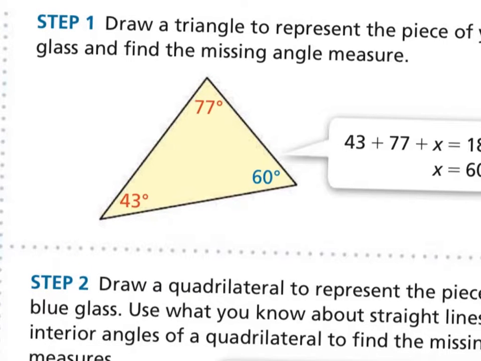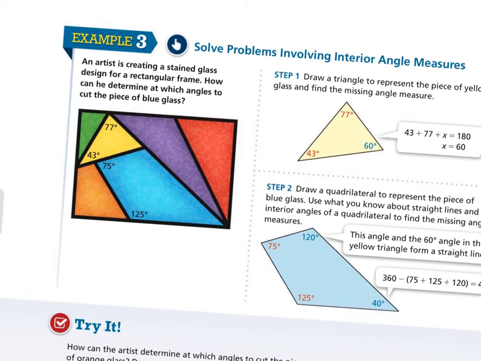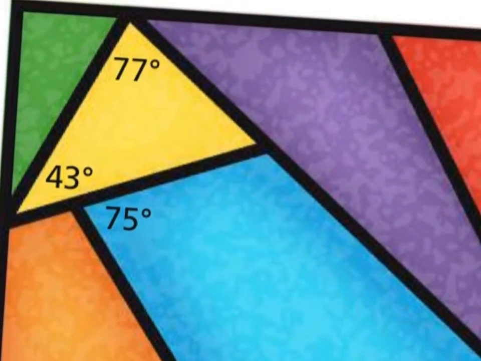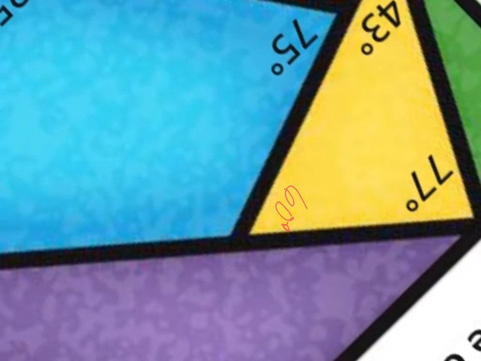Again, you might say, what does that have anything to do with what we're trying to find? Well, if we can get that to be a 60-degree angle, then we might notice that that angle and the angle on the blue quadrilateral form a straight line.